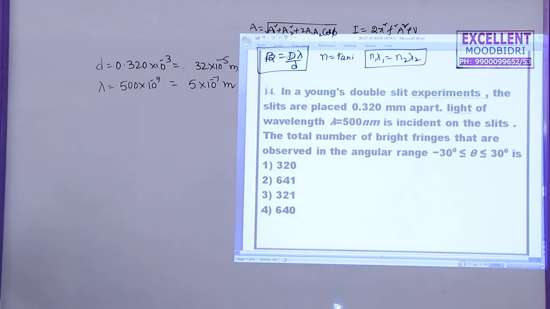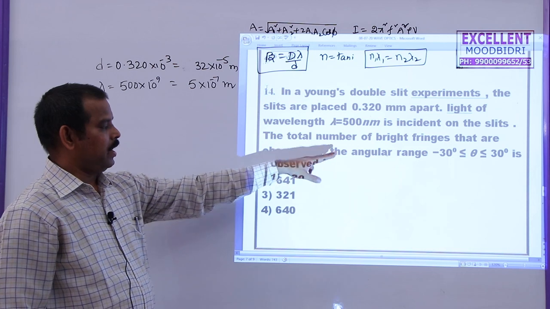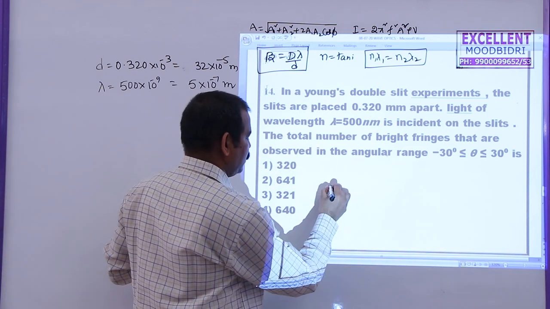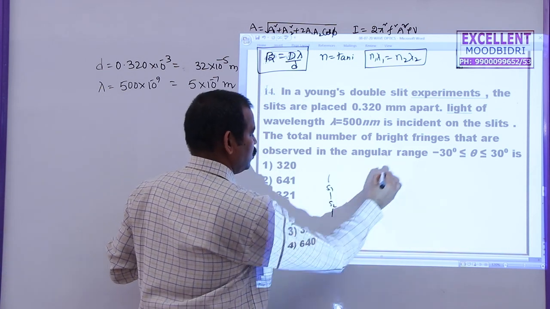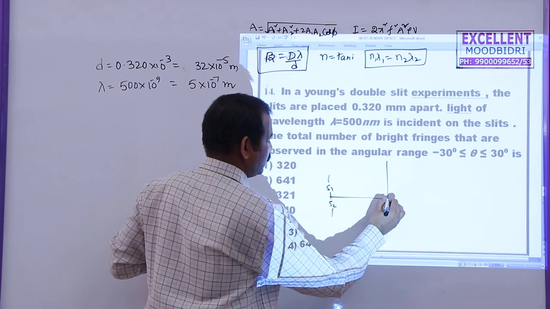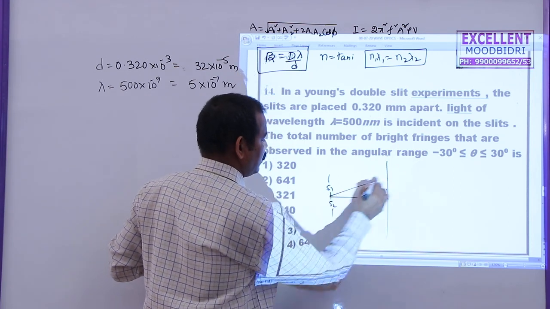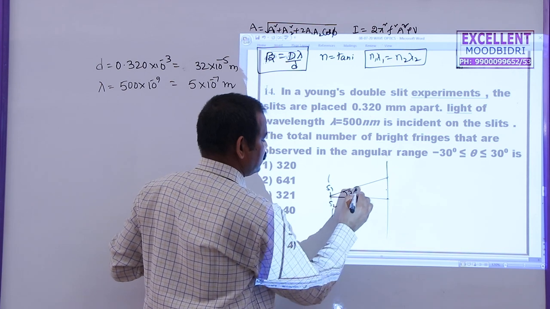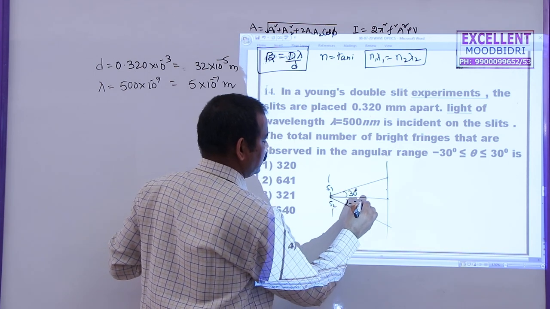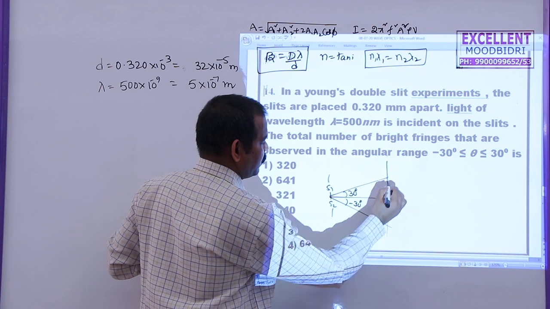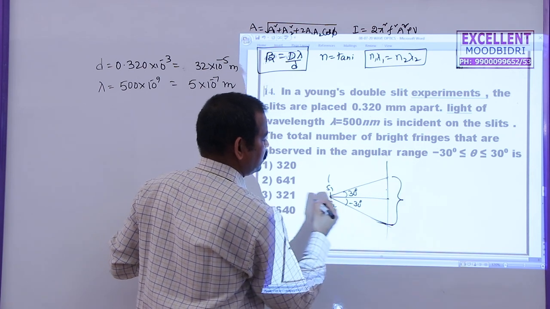So this is the data. Total number of bright fringes observed in the angular region of minus 30 to plus 30. So this is S1, S2, the screen, and the fringes that are formed here. If this angular range is 30 degrees here, this is minus 30 degrees on the bottom of the central maximum. So total number of fringes between these is a dash.